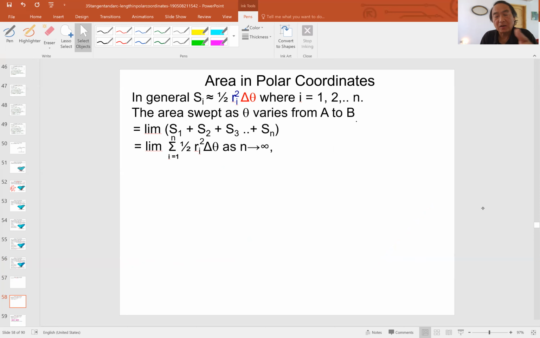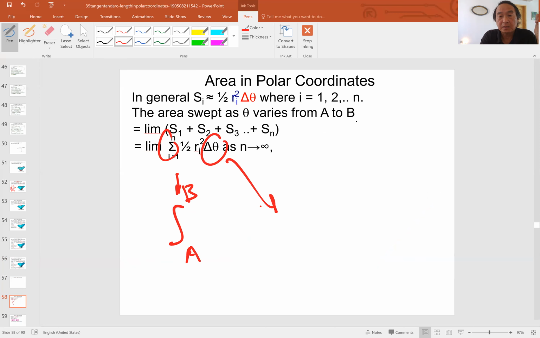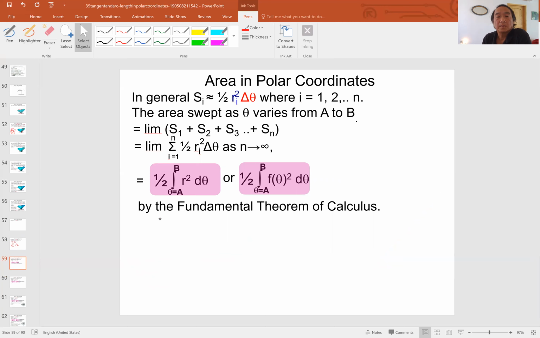Let n go to infinity. Then, by the fundamental theorem of calculus, with purely algebraic steps, this sum turns into an integral spanning from A to B, and this turns into the differential d theta, and this turns into the function r squared. The 1/2 comes out, and this is the area between the two angles.